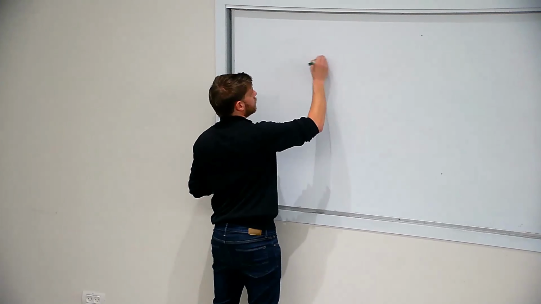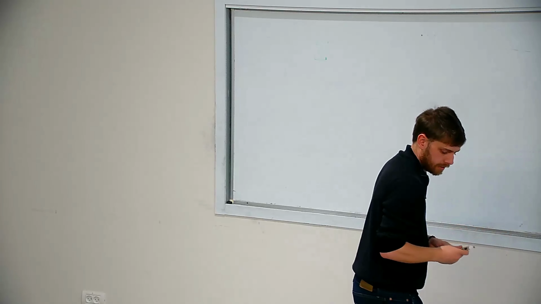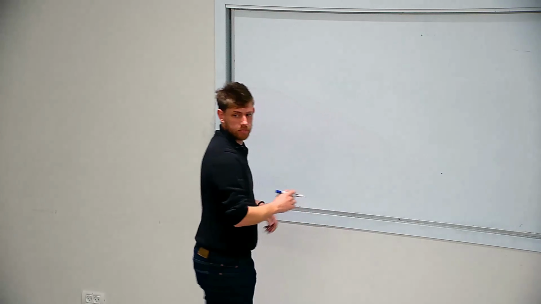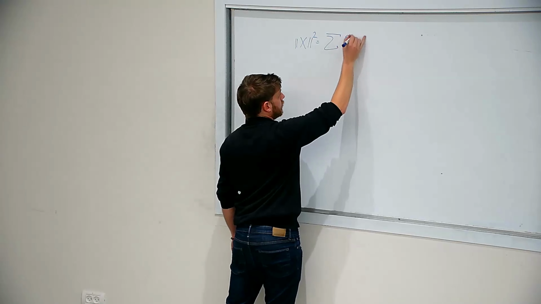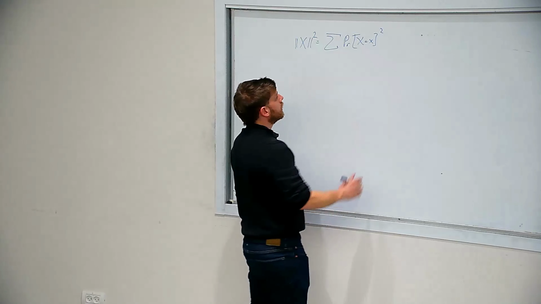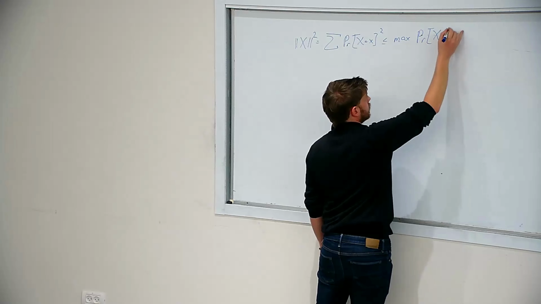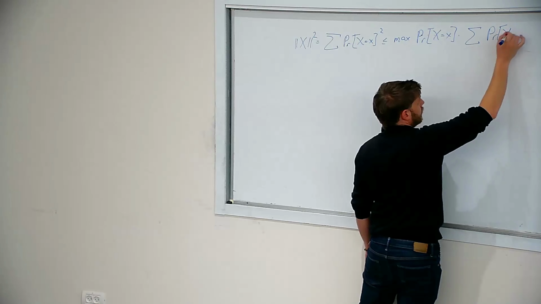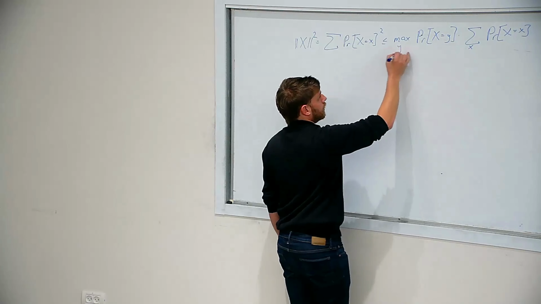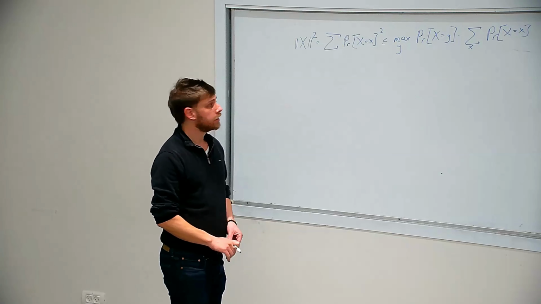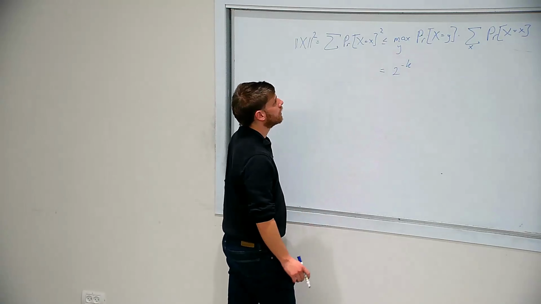We don't need to assume it's a flat source, because we have the min-entropy property, we can use that for the bound. So the norm of X squared is the sum of probability X equals x, squared, which is at most the max of the probability X equals x times the sum of the probabilities. This is just a trick.